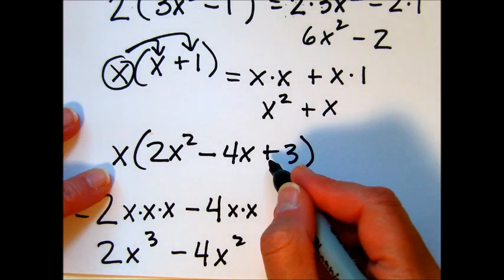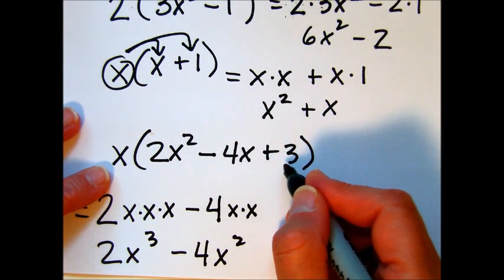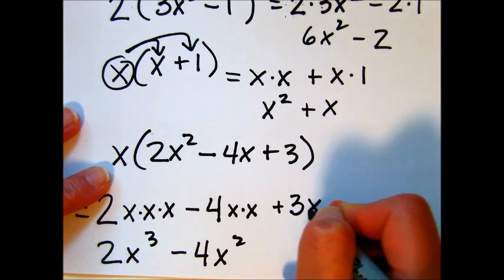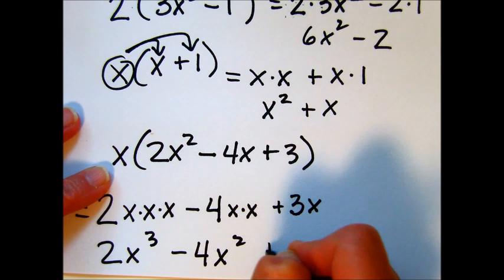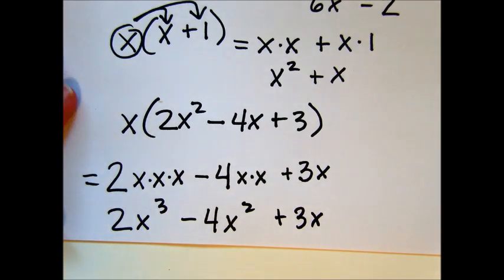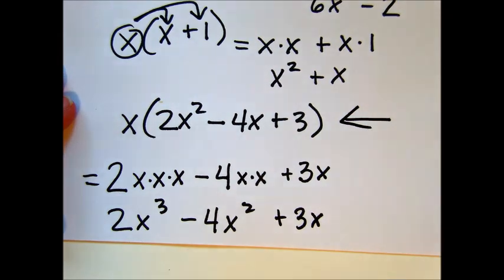And then we have positive 1 times positive 3, so that's a positive 3x. We need to include that x. So I'm just going to write it down like that. Okay? This one, probably won't see too many of those, if any, on the homework, but I wanted to give you an example. We'll look at some of these types of problems later in the quarter.